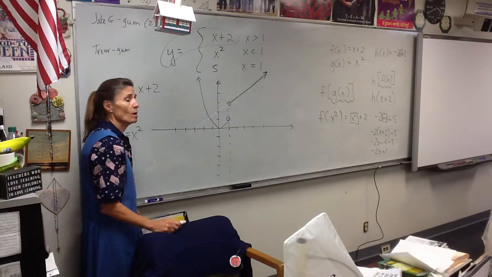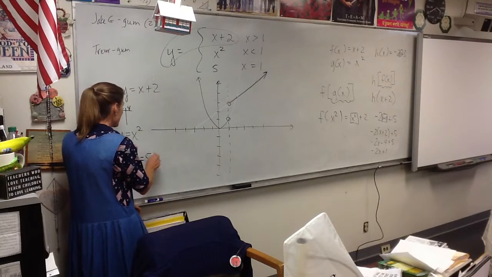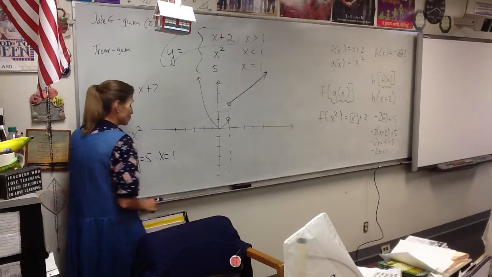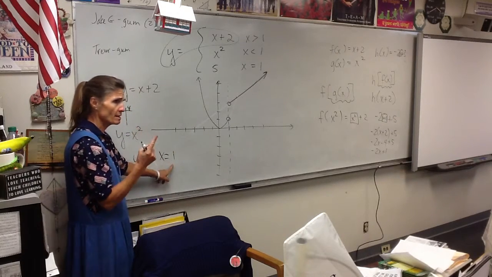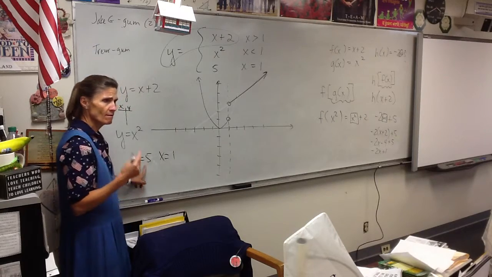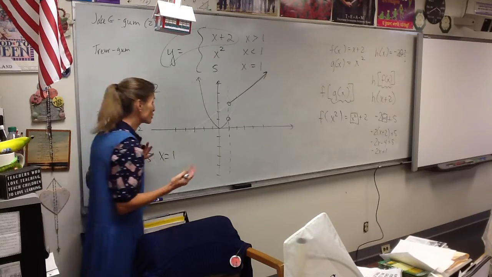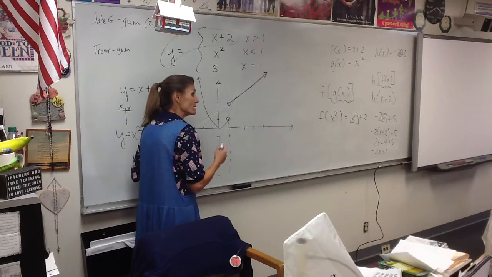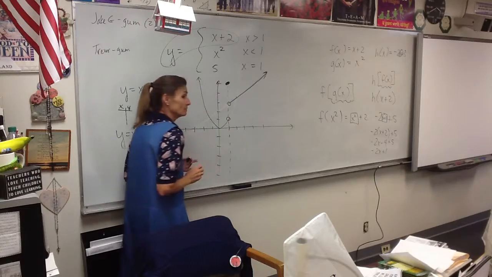Now that last one is tricky. Let's look at what it says. Y equals 5, x equals 1. Wait a minute. X is 1, y is 5. What is that? How do I graph that? That's just a point. It's the point (1, 5).